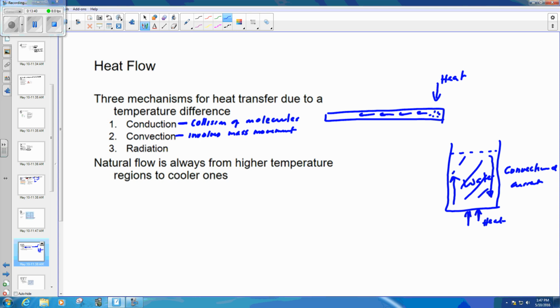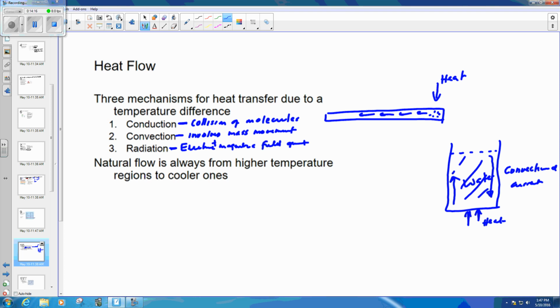The last is radiation. Radiation is how we get our energy from the sun. This goes through a process where electric and magnetic fields generate these waves, and the waves move from one location to the other.